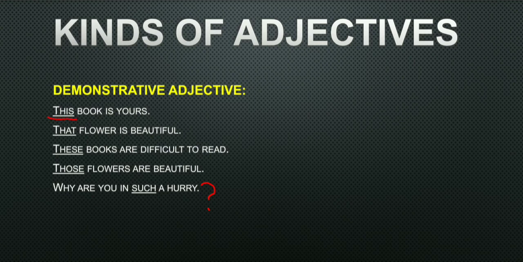Now look at this here. This book, which is already underlined, that flower, these books, those flowers, and such a hurry. These underlined words are called the demonstrative adjectives because they are pointing out a person or a thing.